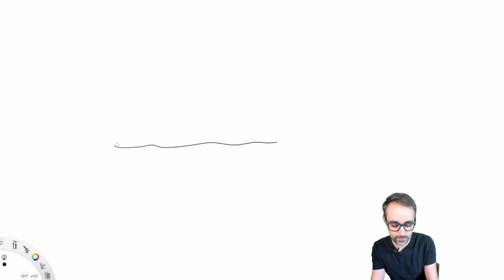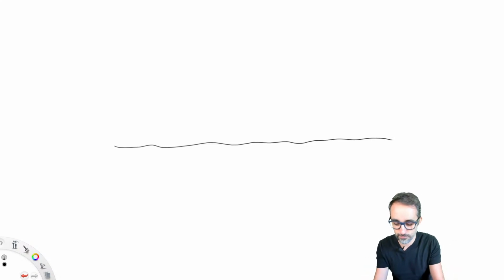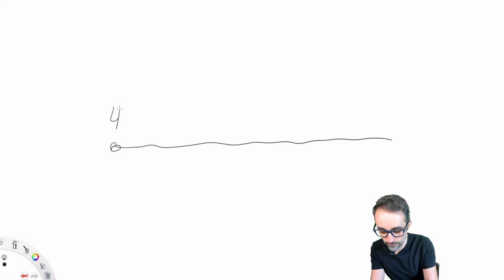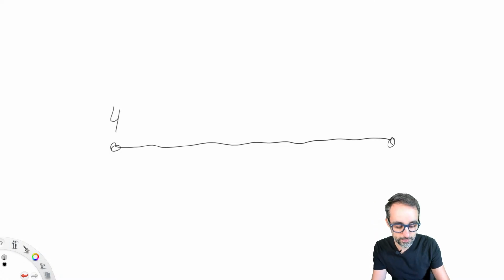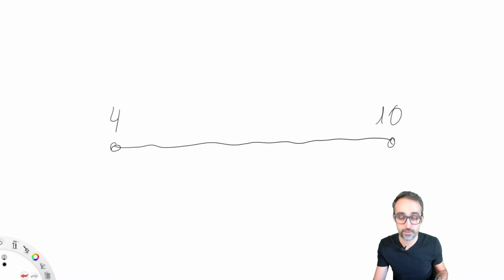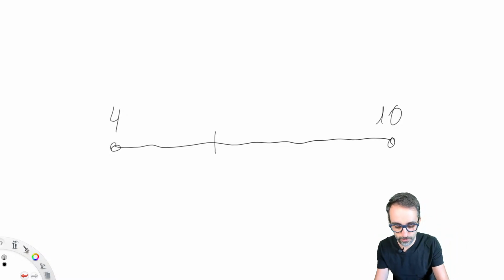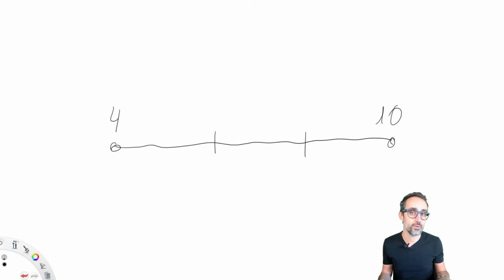Let's imagine the number line, right? And let's imagine that we start, for example, at the value of 4 and that we want to end at the value of 10. These are the numbers that we want. And we know that we want to divide this interval in 3 steps. So I want a number here and a number here at equal intervals.